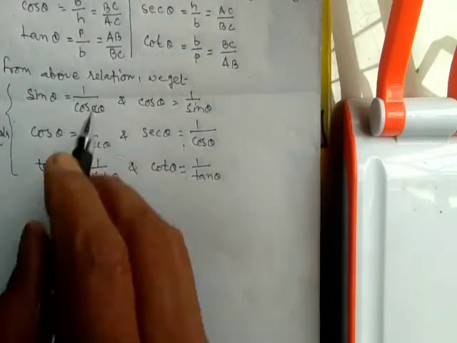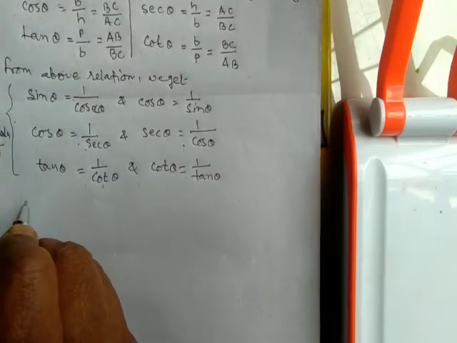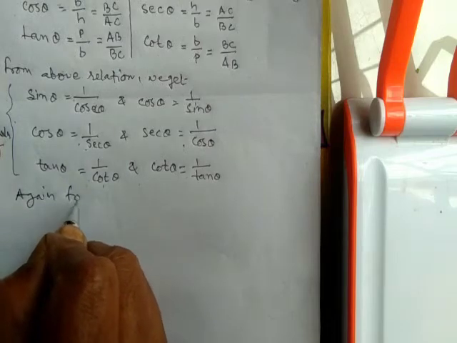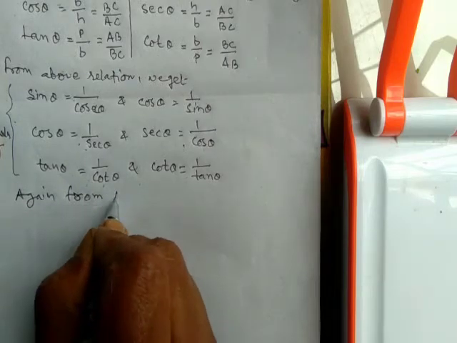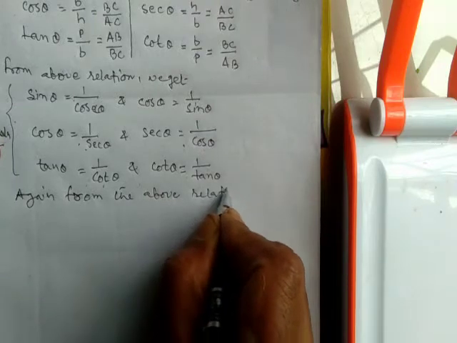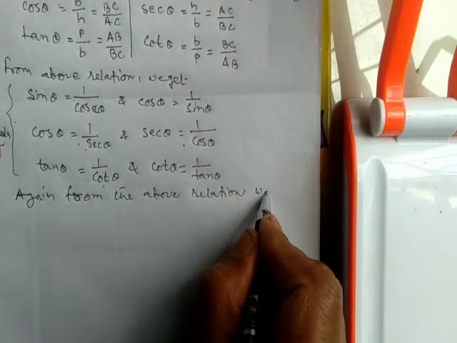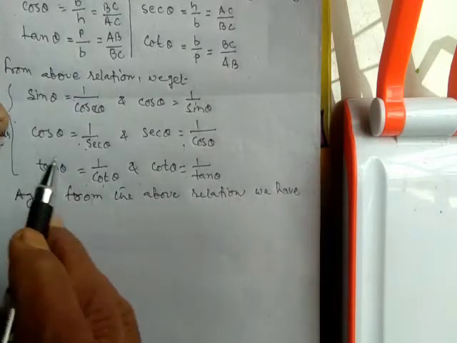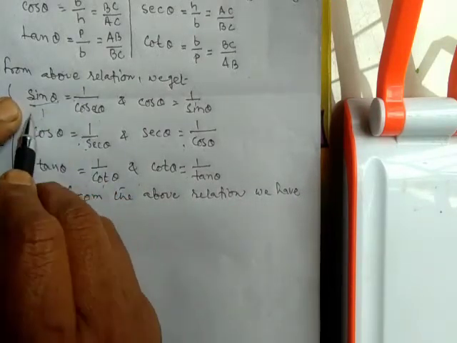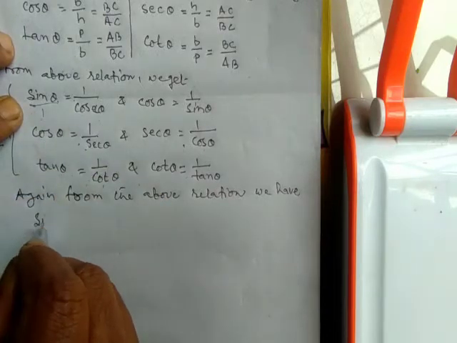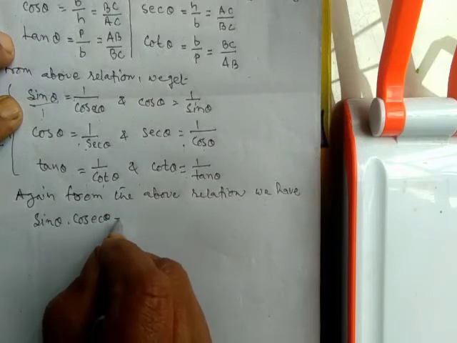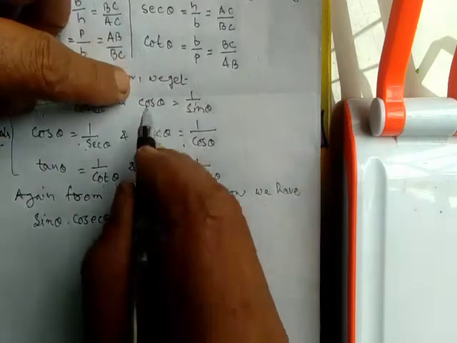Another one from the above relations. Cross multiply, what do you get? Sin theta into cosec theta is equal to 1.